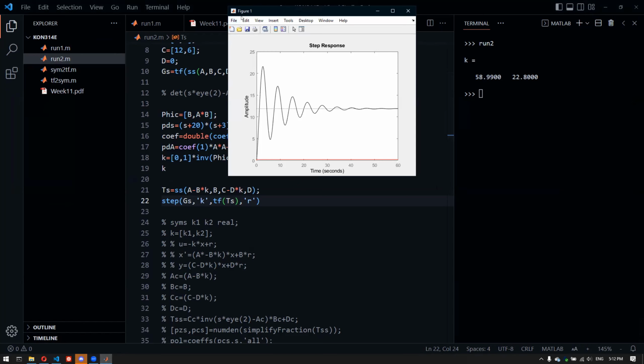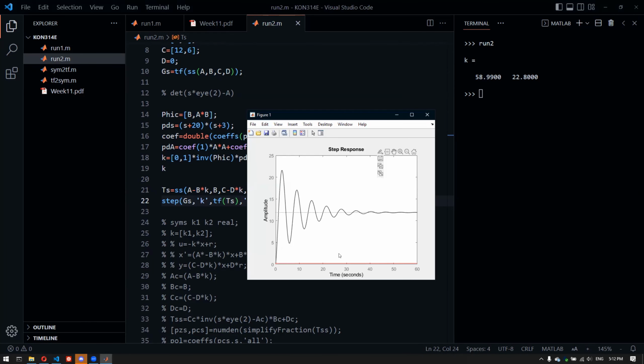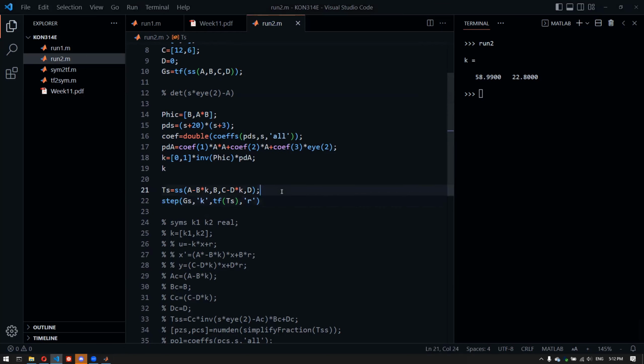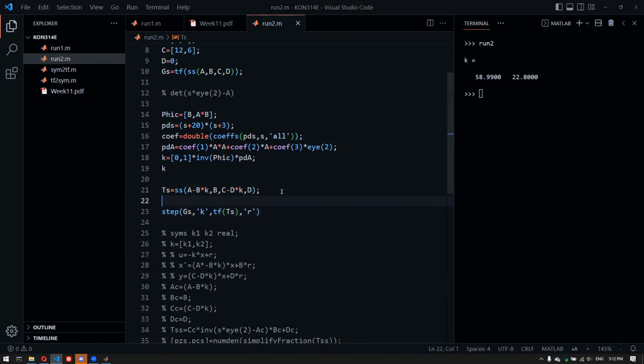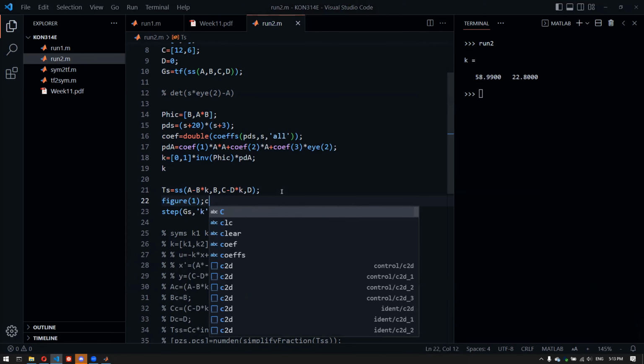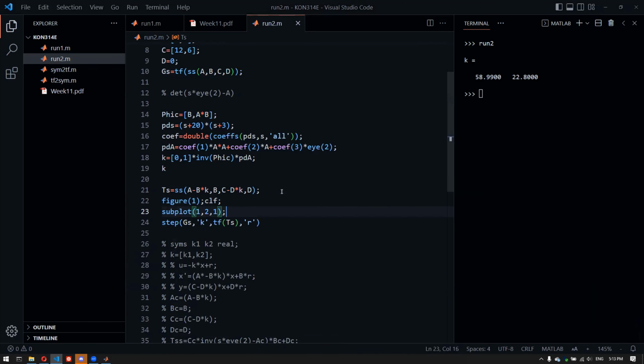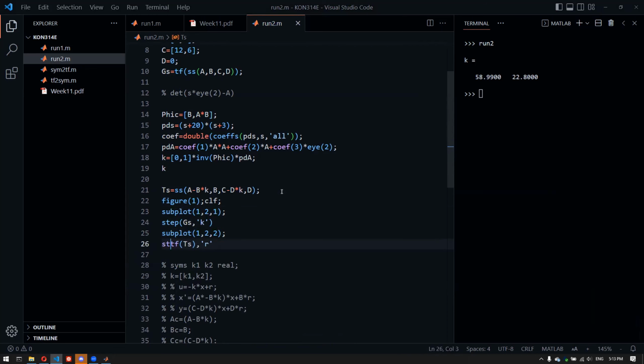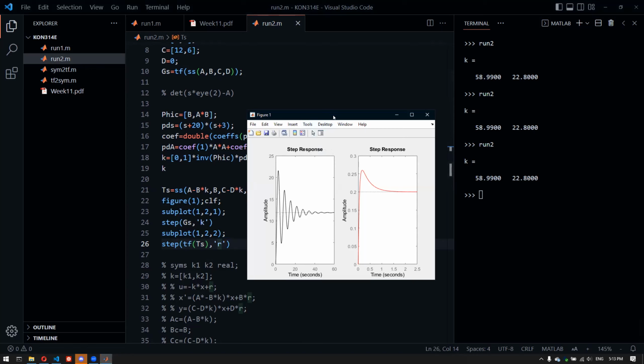So yeah, other than being not able to see it quite good, we should maybe have them side by side. So now we have them side by side.